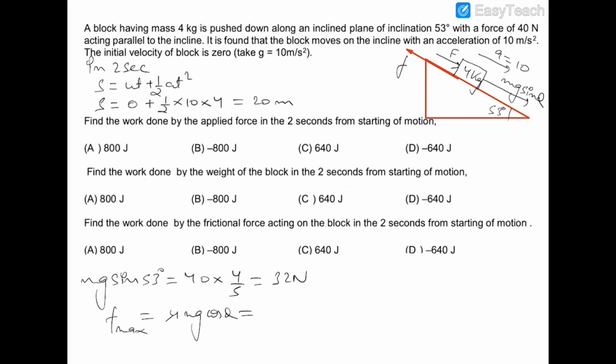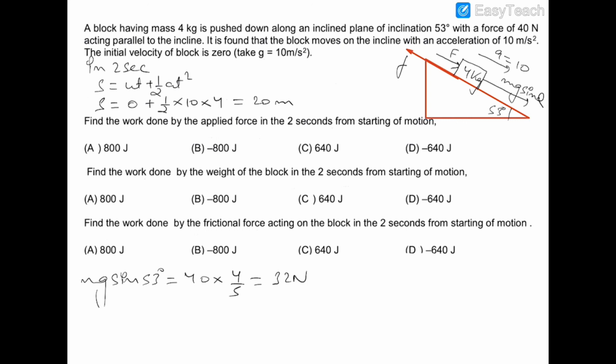So we cannot verify the direction of this force, because to verify the direction of this force, the value of friction must be given in the question, and it is not given, so we are assuming that this force is acting in the downward direction.